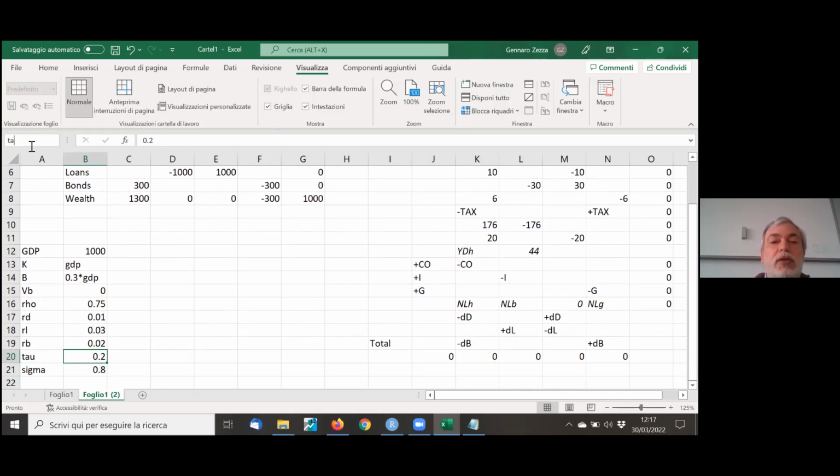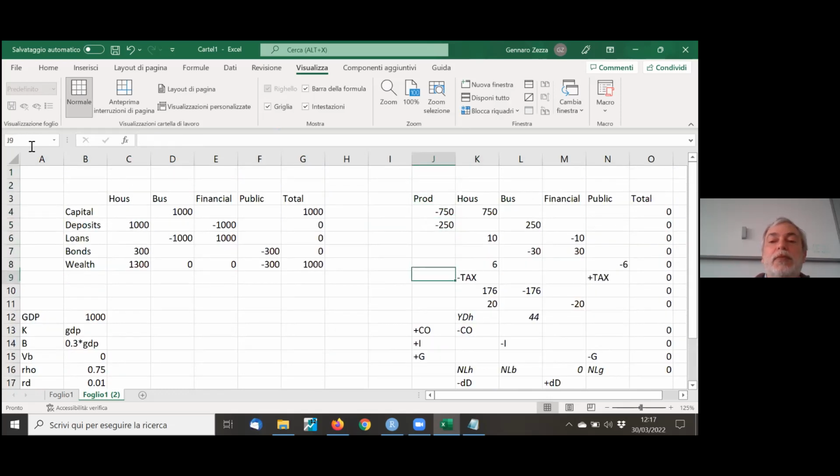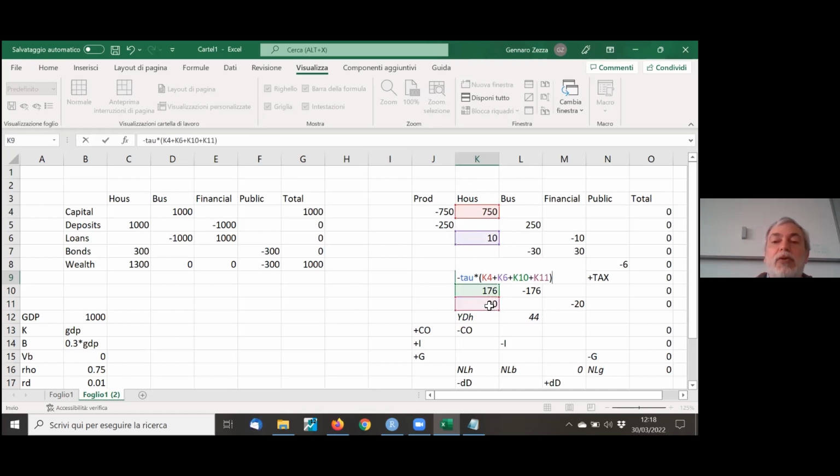Let's use this tau. So this would be tau times the wages plus the interest on deposits plus the dividends plus the interest on bonds.